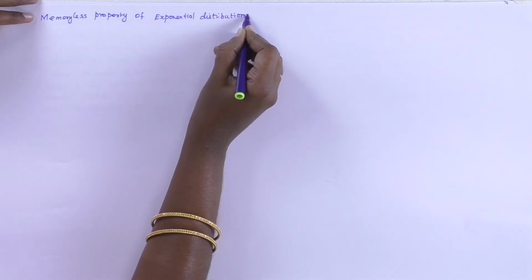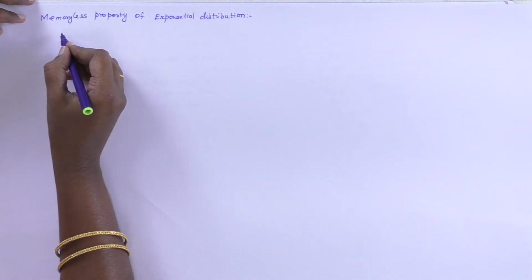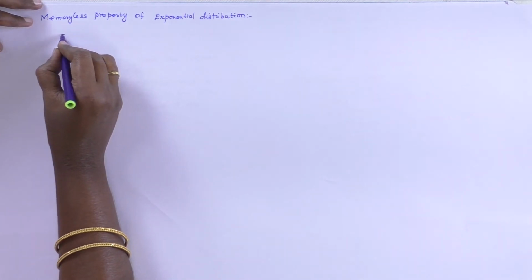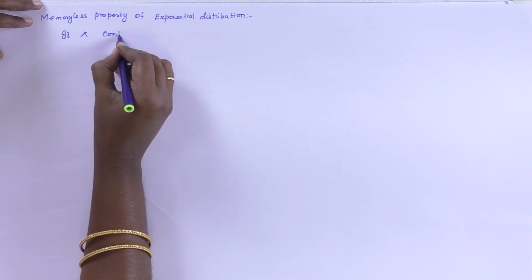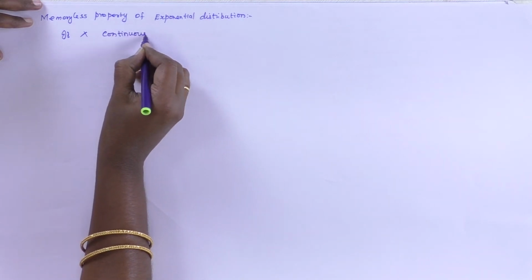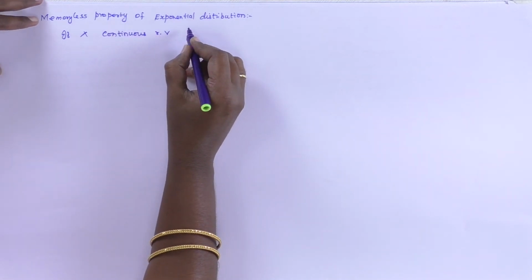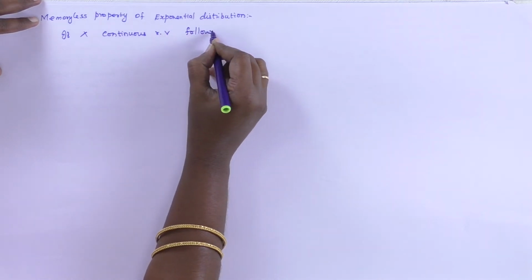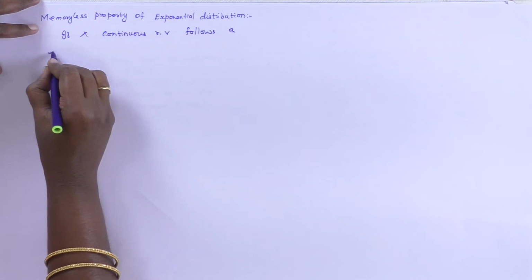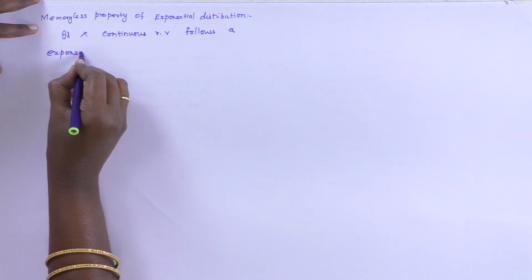Here x follows a continuous random variable, following the exponential distribution.